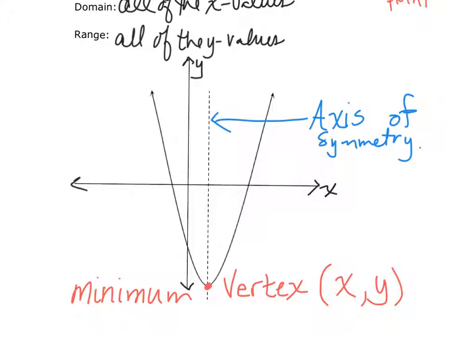All right, and my axis of symmetry, it doesn't matter if my graph is pointing up, or if it's upside down and pointing down, right? My axis of symmetry is going to be a vertical line. So what does the equation for a vertical line look like? Is it x equals or y equals? Why?